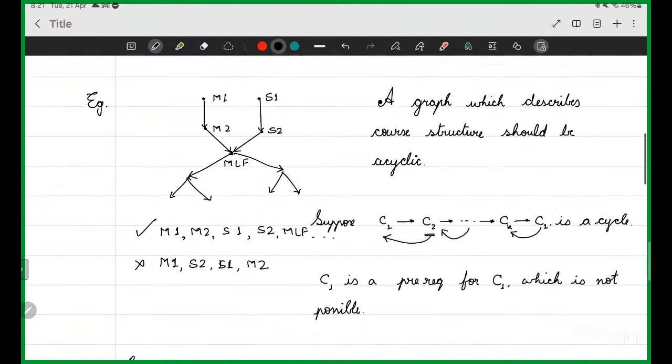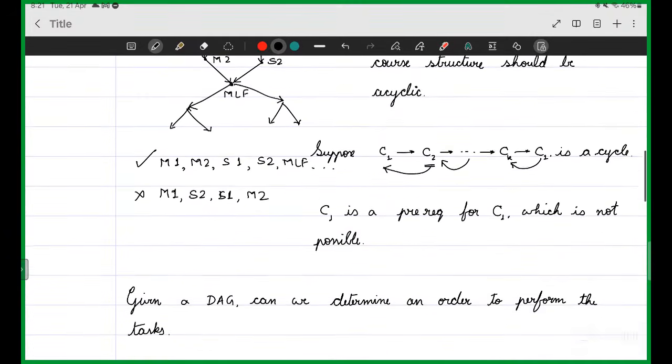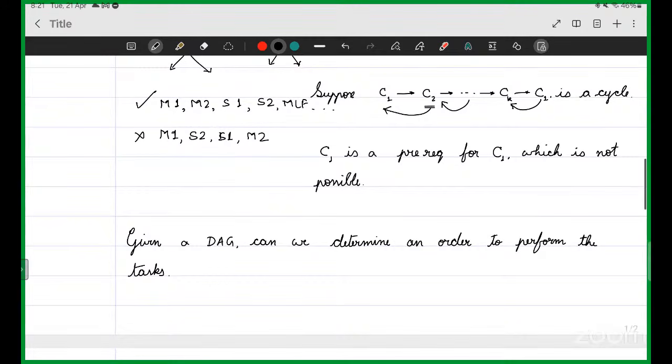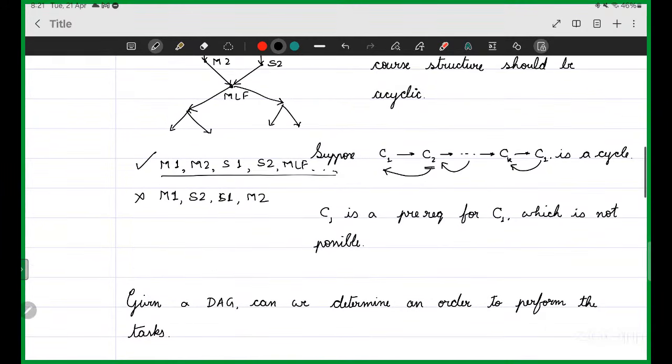So how can I, just using the data from the graphs, either using an adjacency matrix or an adjacency list, come up with an order of vertices in the examples that we have given? The vertices correspond to tasks or courses.